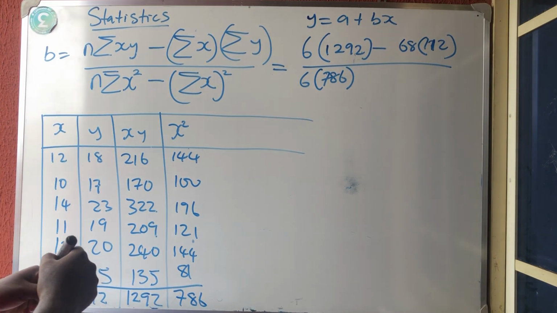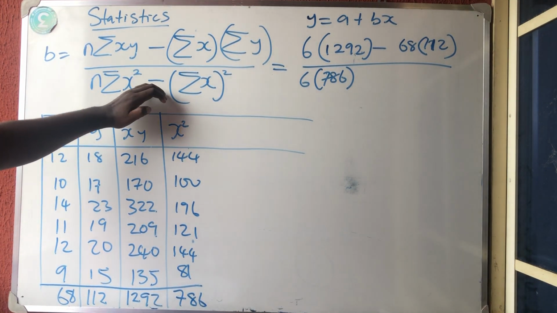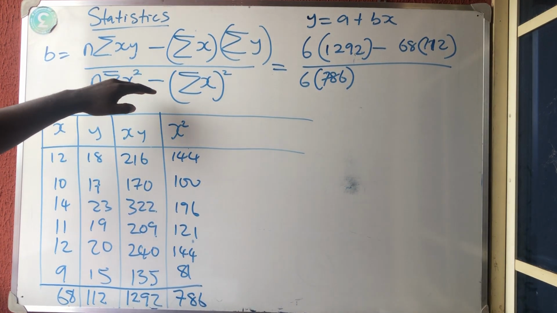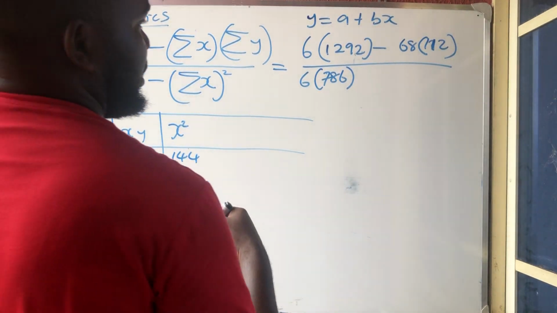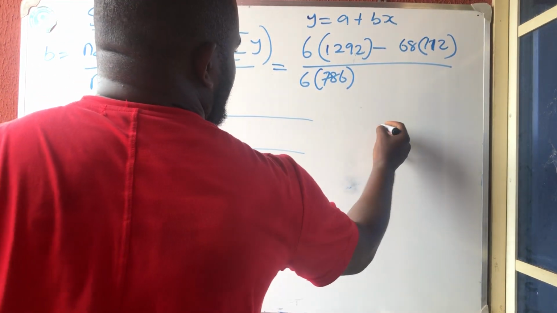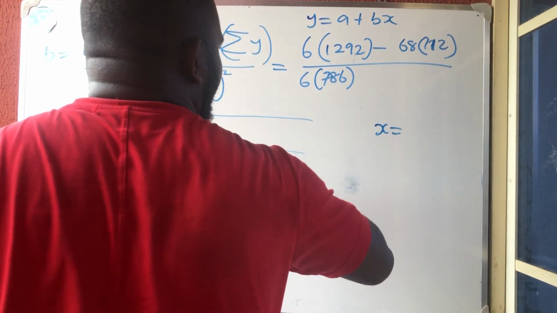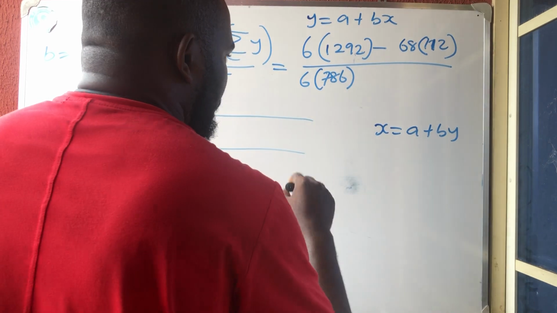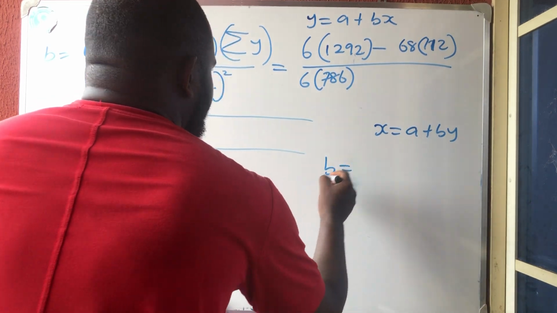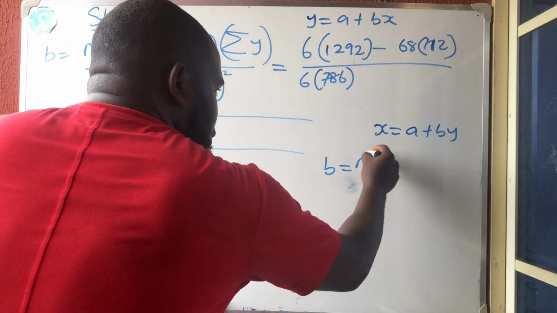Now why did I use x at the bottom? Please, we use x as the bottom because the relationship is y and x, y first and x. But if the relationship is x and y, you have x is equal to a plus by. So the equation to get my b will now be what? The number of both of them first.